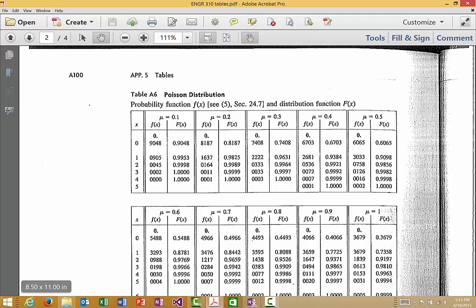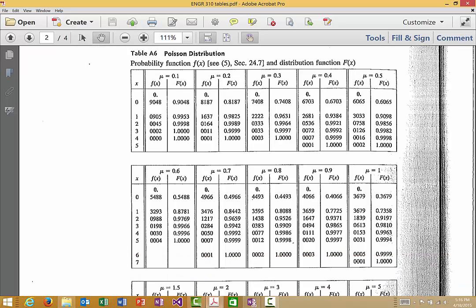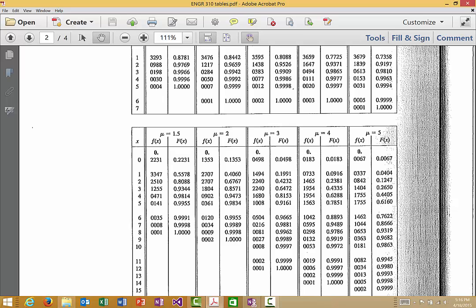Remember, we said that 4% of the products are defective, and they come to 100 a box. So the average number of defectives per box would be 4. So mu is equal to 4. We're going to look on the table and come down to the mu equals 4 case, which is right here in this segment of the table.